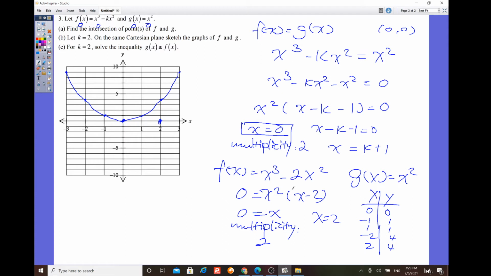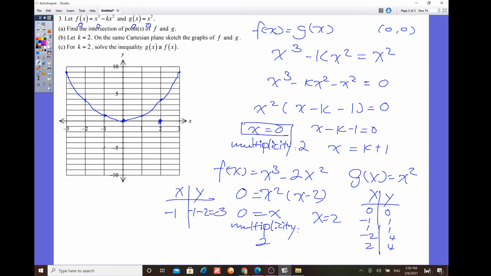Another thing that you might consider doing here, besides finding the zeros, is to find the points right between those intervals. So let's say the XY table for x equals negative 1. Negative 1 quantity to the third power is negative 1. Negative 1 quantity squared is 1, times 2. So negative 1 minus 2, which is negative 3.